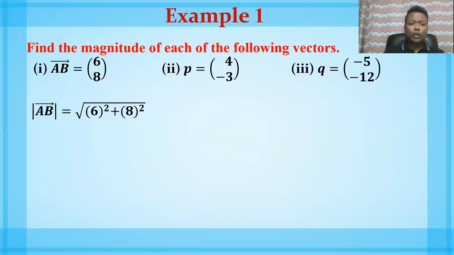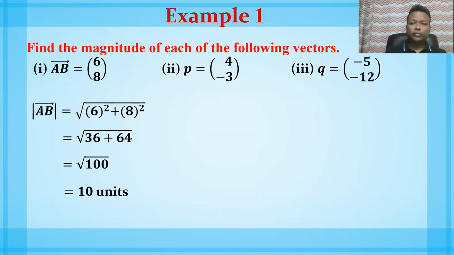Recall, A squared means A times A. So here we have the square root of 6 times 6 plus 8 times 8, which is the square root of 36 plus 64. So we have the square root of 100. Therefore, the magnitude of the vector AB is equal to 10 units.